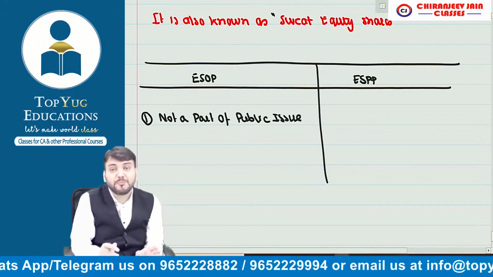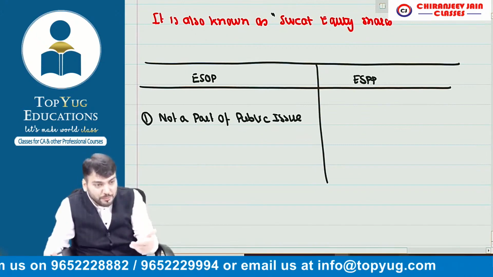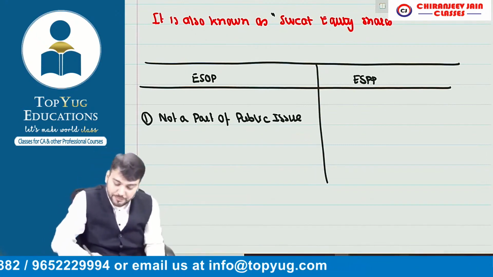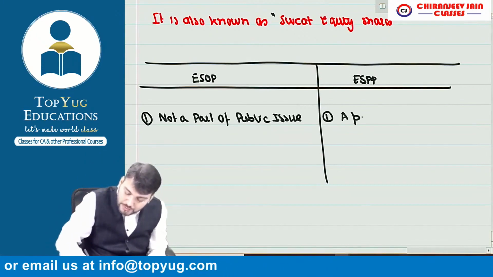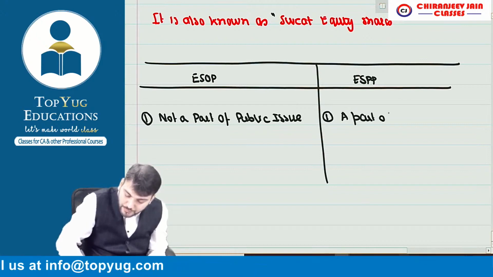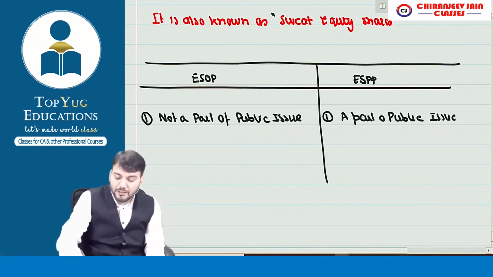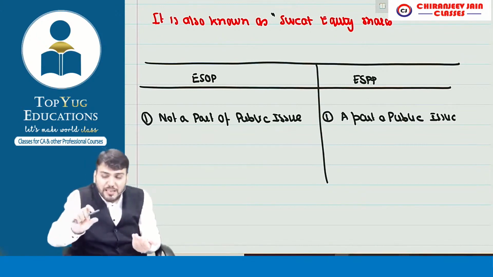Means this is a separate plan announced. So this is an offer given to employees separately, which is not a part of public issue. But ESPP is a part of public issue. Have you understood?